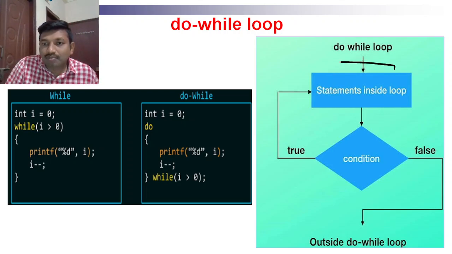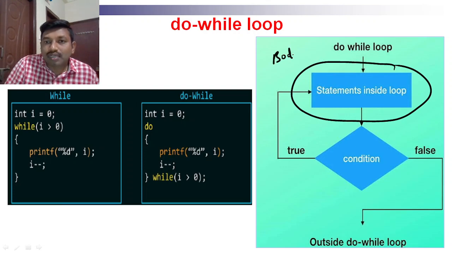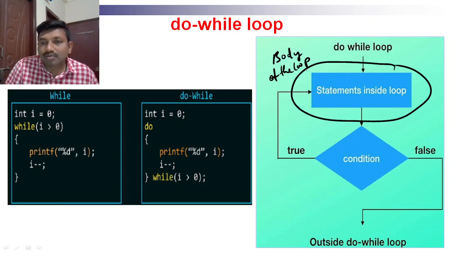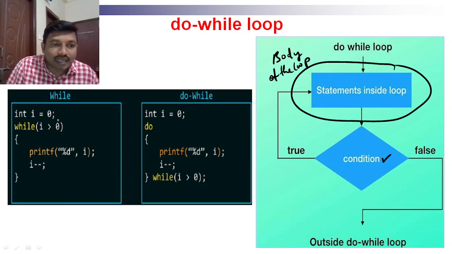So the body of the loop gets executed first, then we test the condition. So in a while loop we are simply testing the condition first and then executing the statements, right? In a do while loop we are executing the statements first. That's what the difference is.